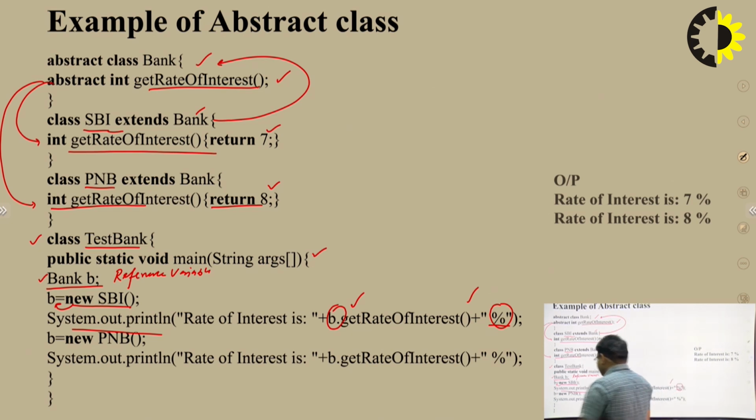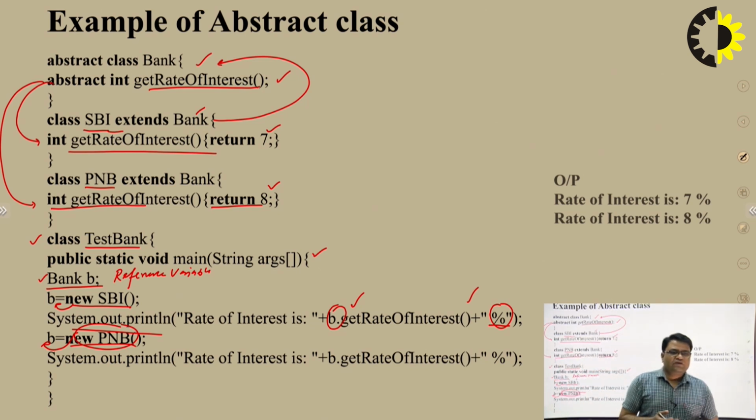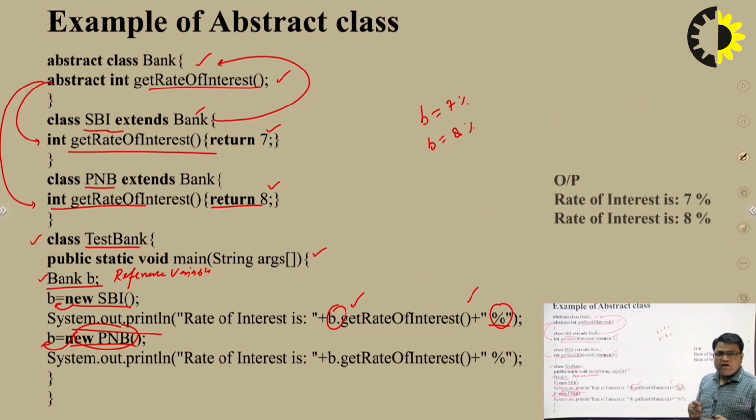And the second one: firstly we assign the SBI object to the variable. Then the second time, the object of PNB is assigned to the b variable. That means the abstract class variable is taking the values from PNB. First, b has the 7%. Secondly, b has the 8%, because the value is replaced from SBI to PNB.